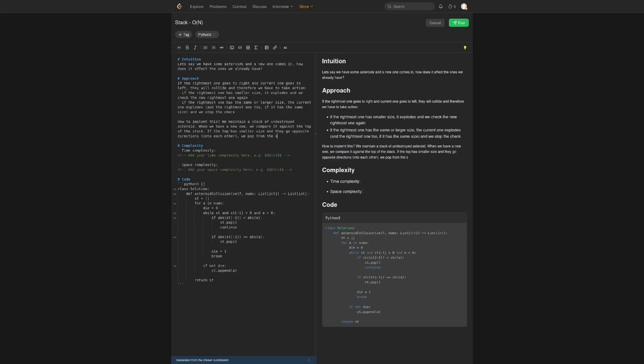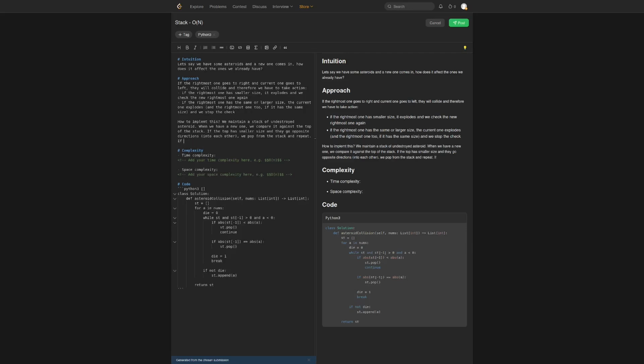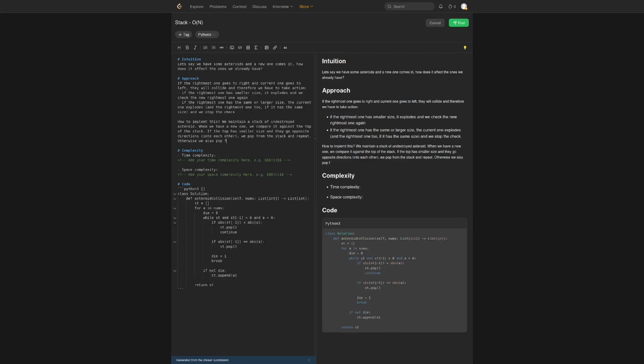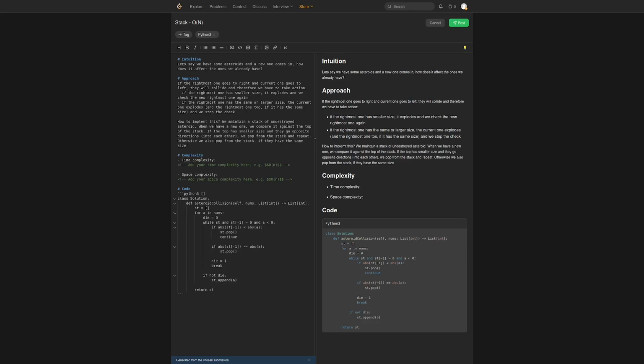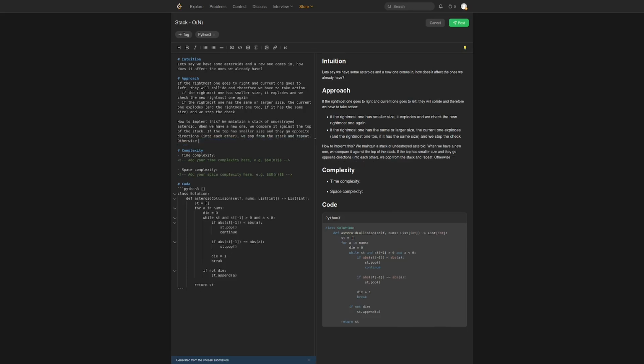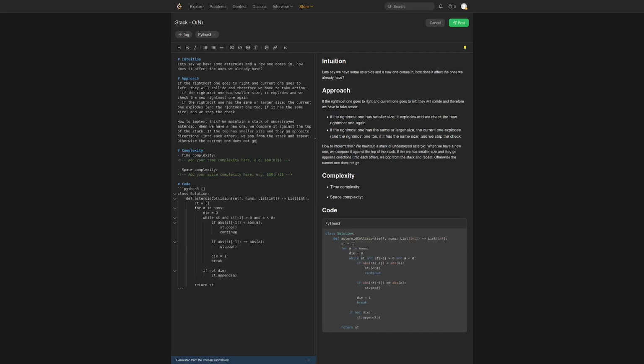We pop from the stack and repeat. Otherwise we also pop from the stack if they have the same size. Otherwise the current one does not get pushed to the stack.